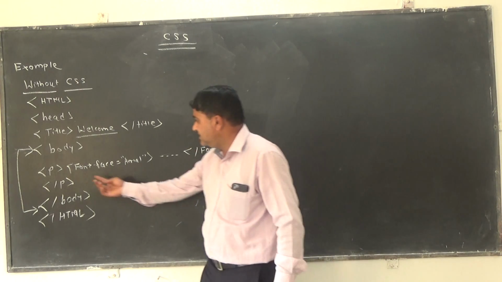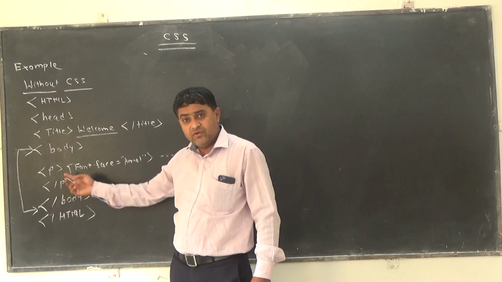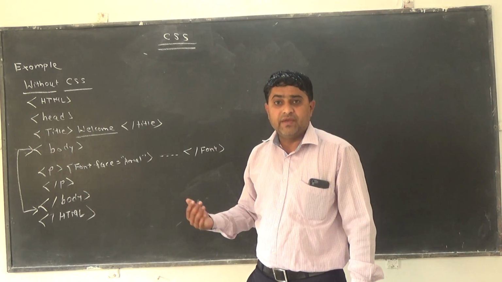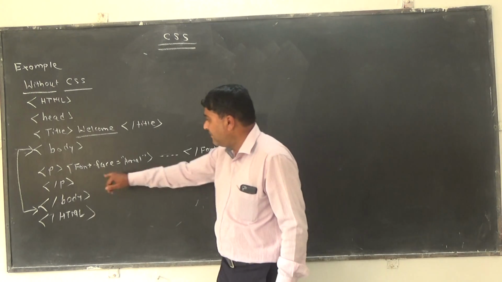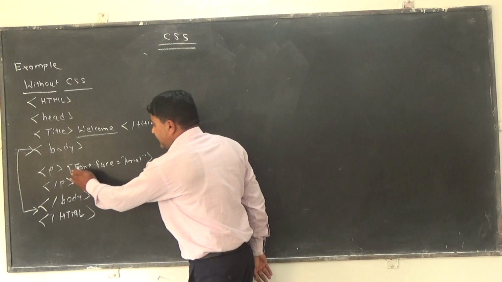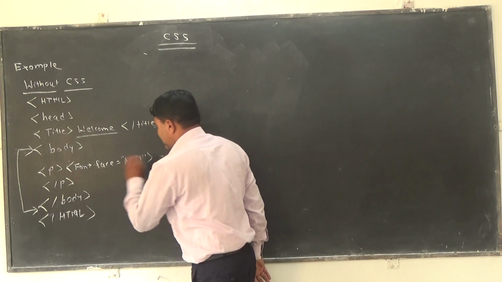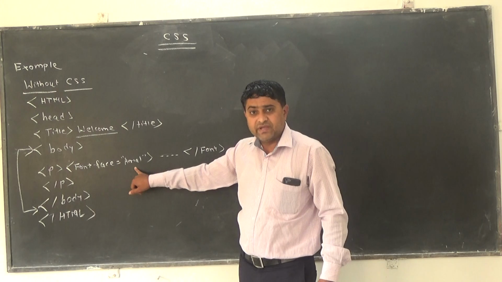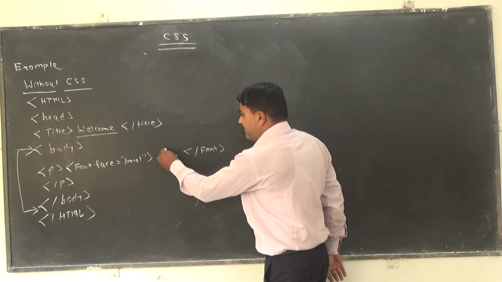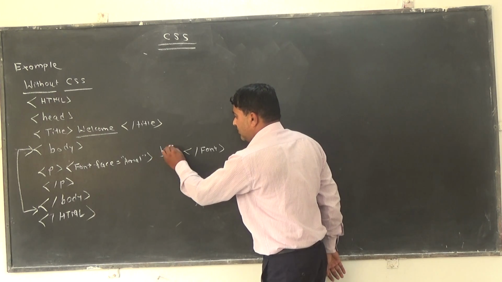Look at it. This is the paragraph tag, and you want to apply properties to the paragraph tag with style. That means we apply the style without CSS. So this is your font tag, font face Arial, that is the value. And these are the statements, for example, KKW.